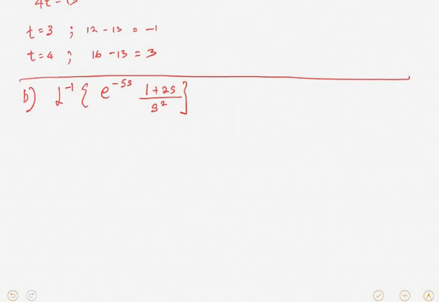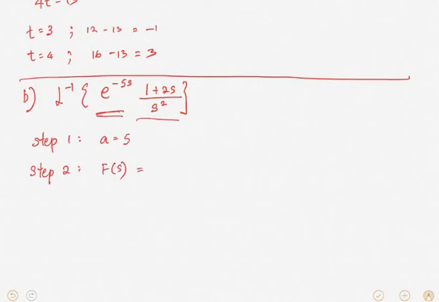Step 1, you need to find the value of a based on the exponent. So if you have exponent negative 5s, a is equal to 5. Step 2, write down the function F(s).